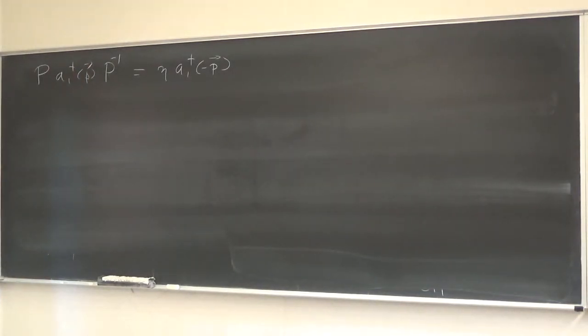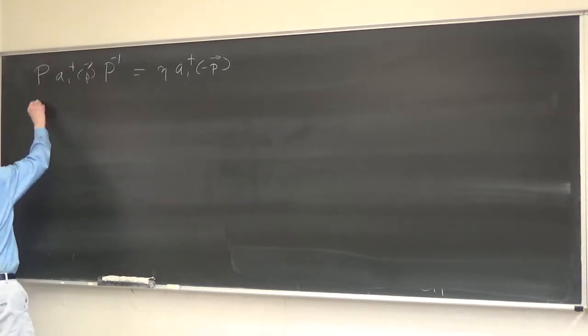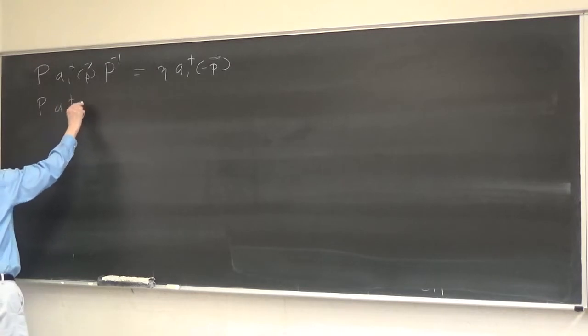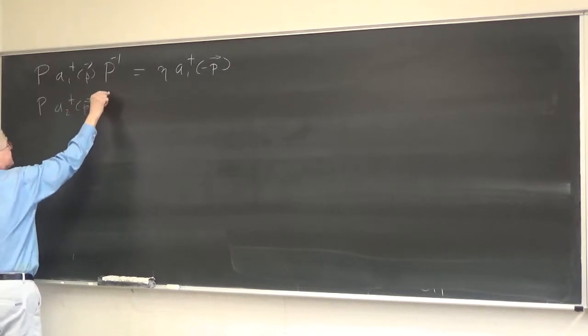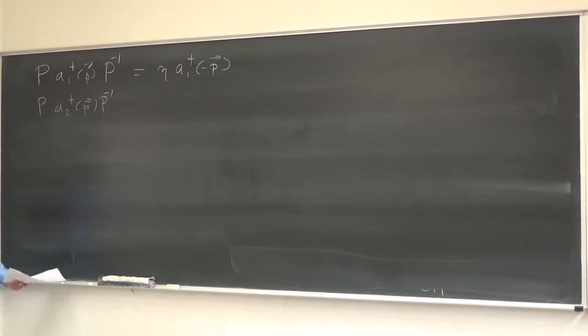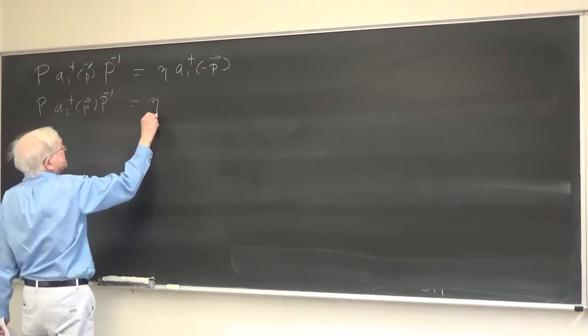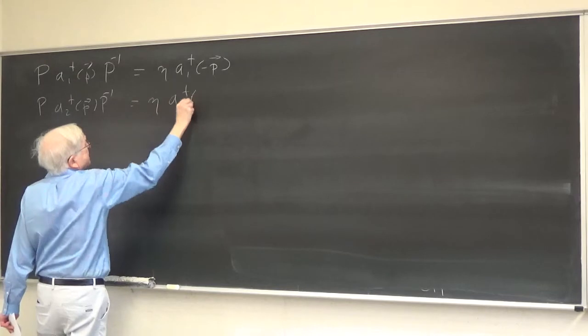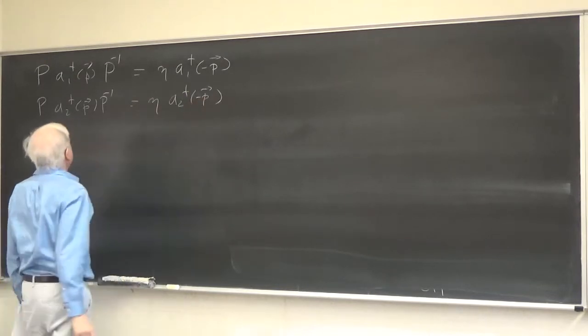It takes a creation operator of momentum p and turns it into the creation operator of minus p with a possible phase. And in order for the field, that's a linear combination of A1 plus I A2, to transform simply, we have to have these transform with the same phase.